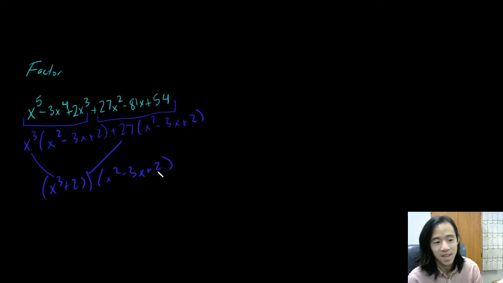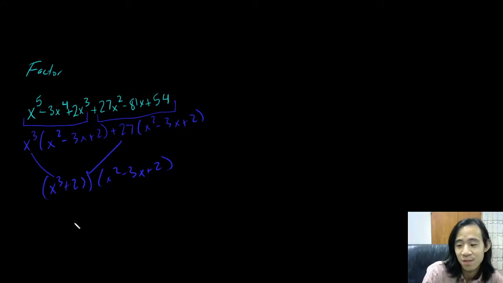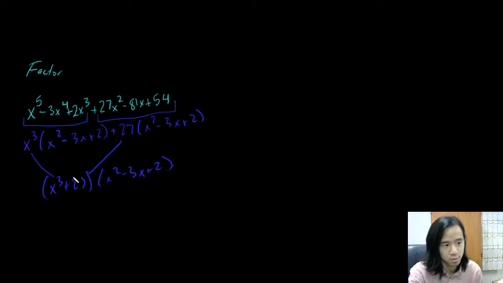And if you have a keen eye, you will notice that both of these are indeed factorable. So I can factor x cubed plus 27 because that's a sum of cubes, and x squared minus 3x plus 2, that's a normal quadratic that's factorable.